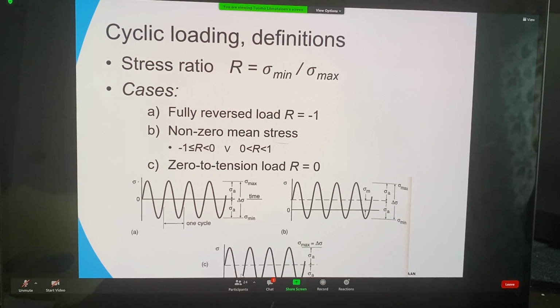And this is another important case in a way that quite often components are fatigue tested with this kind of R0 or R nearly zero stress variation.